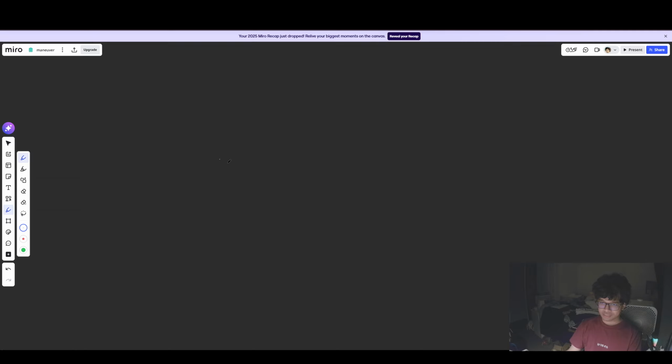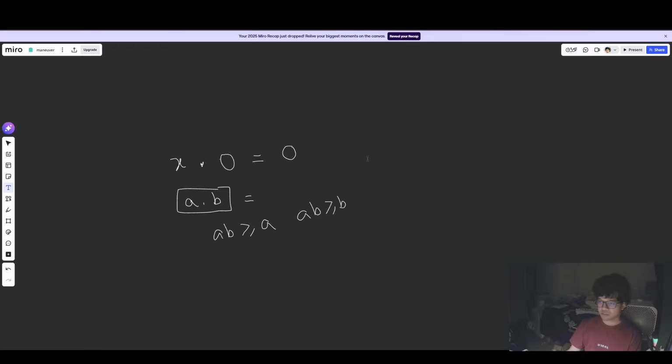One observation is that if you multiply 0 with any number, the result is always 0. And if you multiply any number of positive integers, the result of AB is always greater than or equal to A, or greater than or equal to B. So the observation is that we like positive numbers.